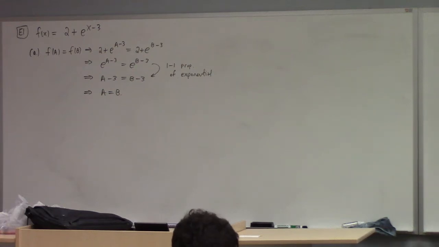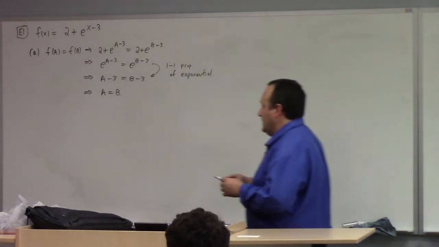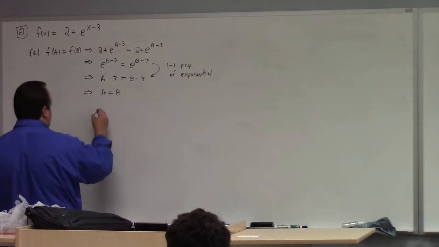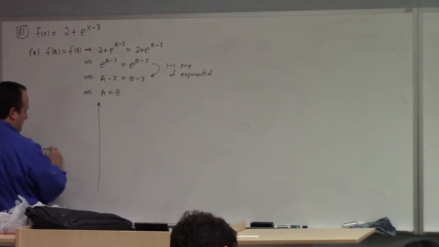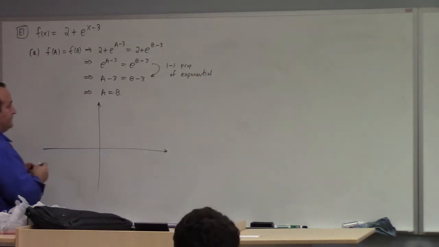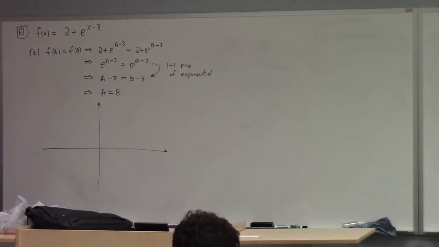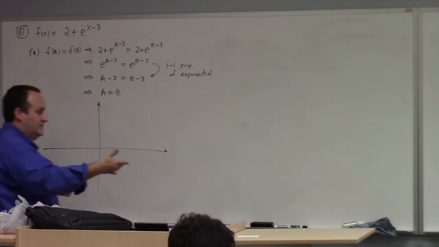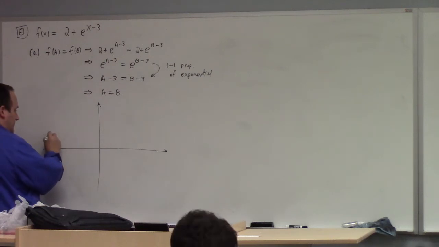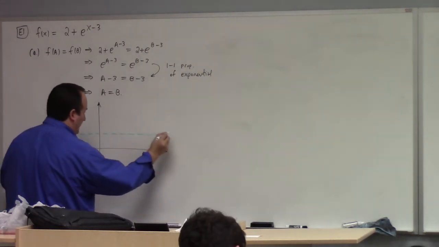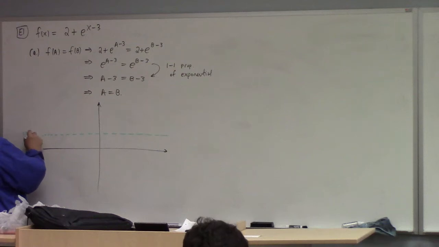Of course, you could also graph the function, right? And if you were to graph it, what would the graph look like? Basically, you're taking the exponential function, you're moving it up 2 and over 3, right? So essentially the graph has a horizontal asymptote of 2, right?